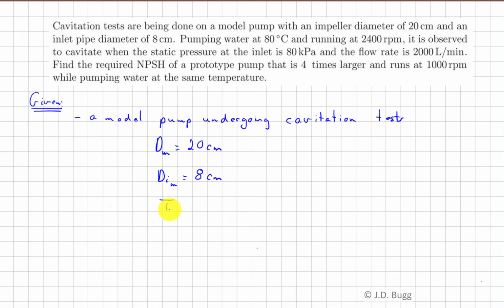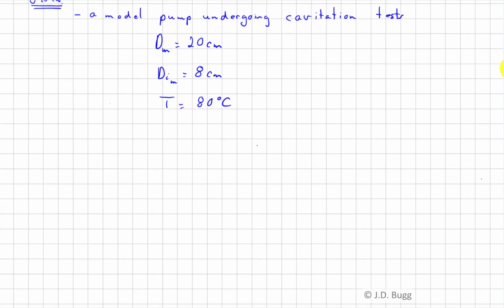The temperature is 80 degrees C. The speed of the model is 2400 RPM. The pressure at the inlet for the model is 80 kPa. And finally, the flow rate for the model during these tests is 2000 liters per minute.